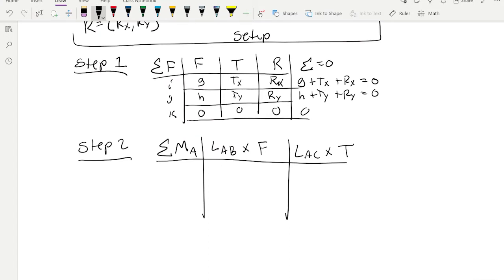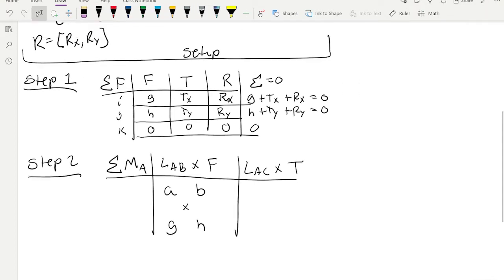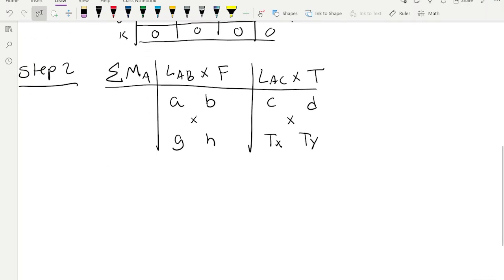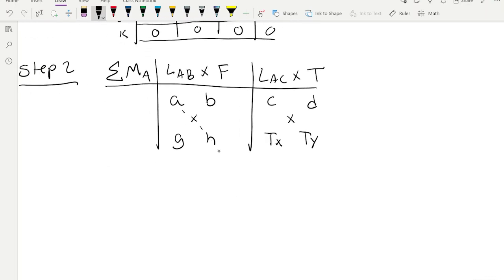Okay, so LA to B was A, B cross G, H. LA to C was C, D cross TX, TY. So we do our crosses. A cross H gives AH. B cross G gives negative BG.